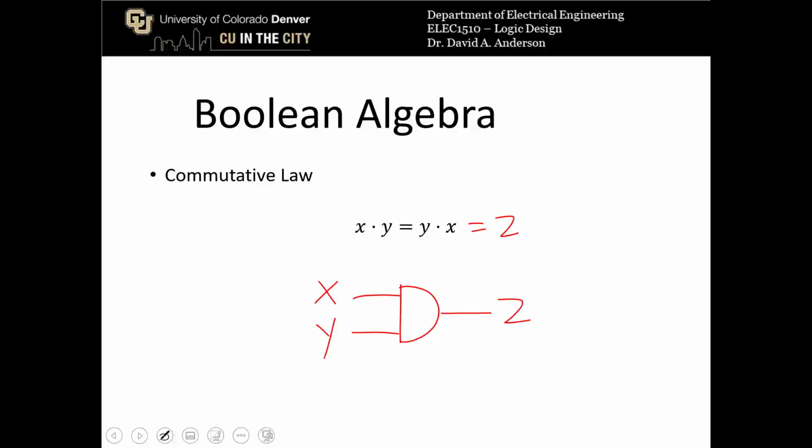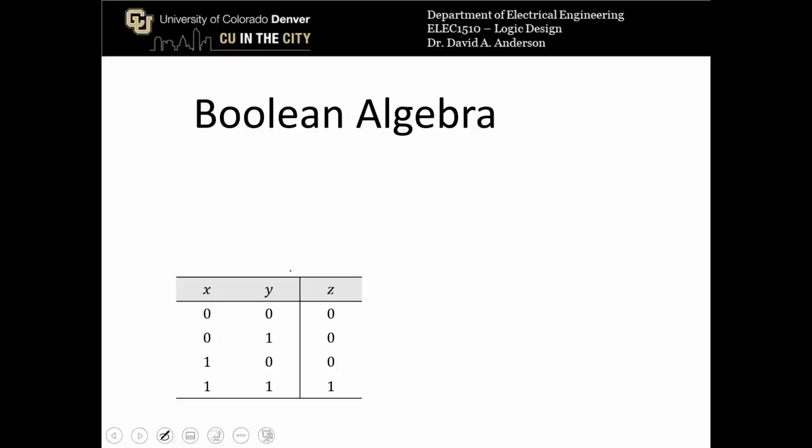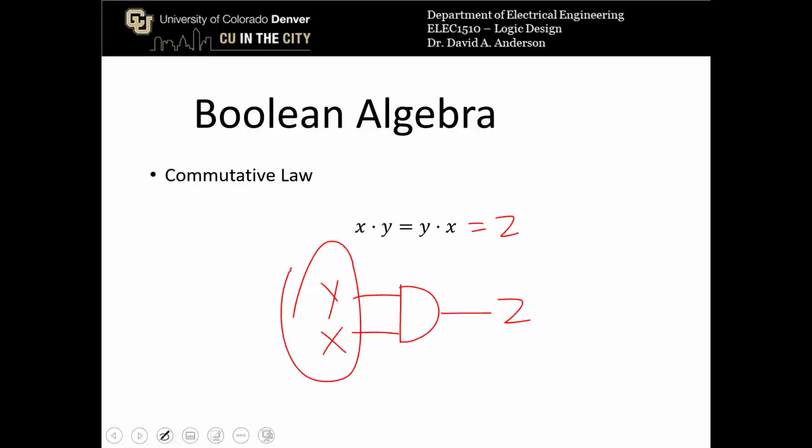It doesn't matter which order you put the variables in when you assign them to the gates. So x and y here can be written like that, or I can just swap the order of them, y and x, and that's fine as well. That also works, I should mention, with addition too, or the OR function. So x or y equals y or x.